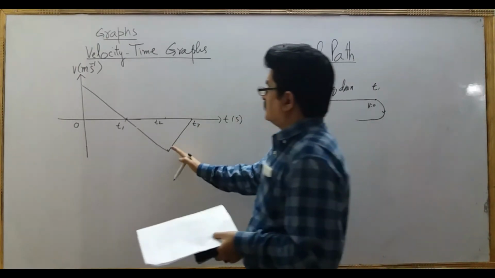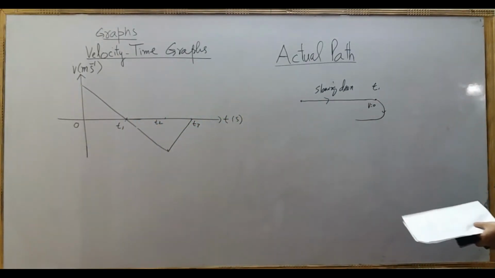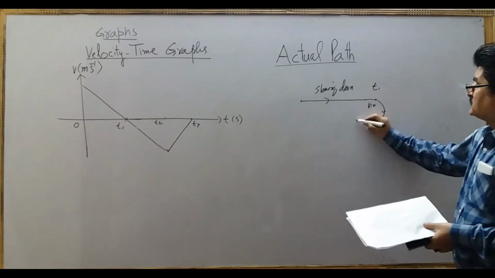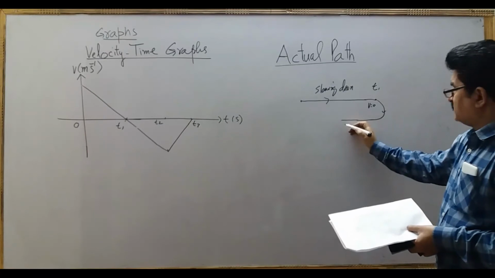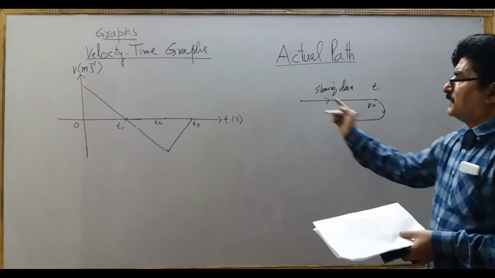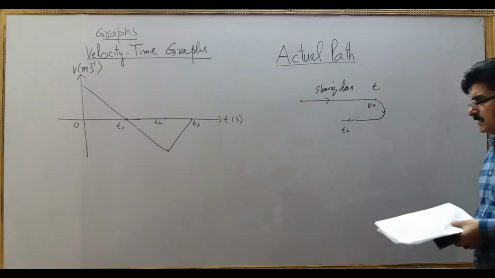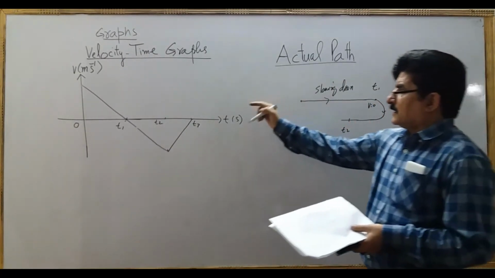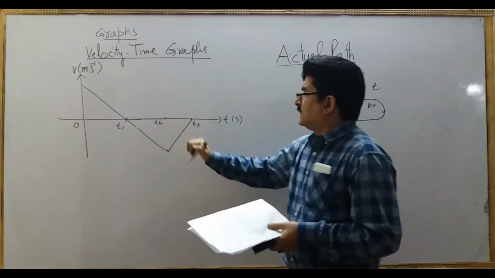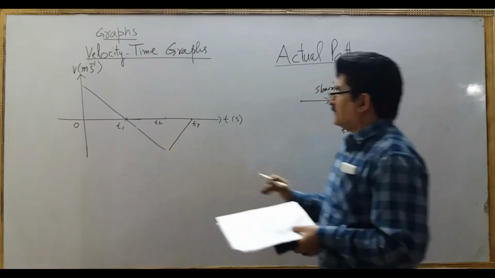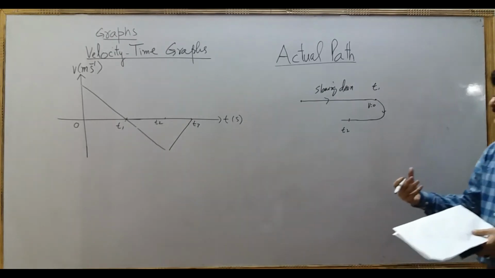So the gradient of this line is negative. Remains constant means remains the same. Say this is the time t2 corresponding to this point. What does this corner show? It means that it is moving to the left, but at time t2 its rate of change of velocity is now decreasing.